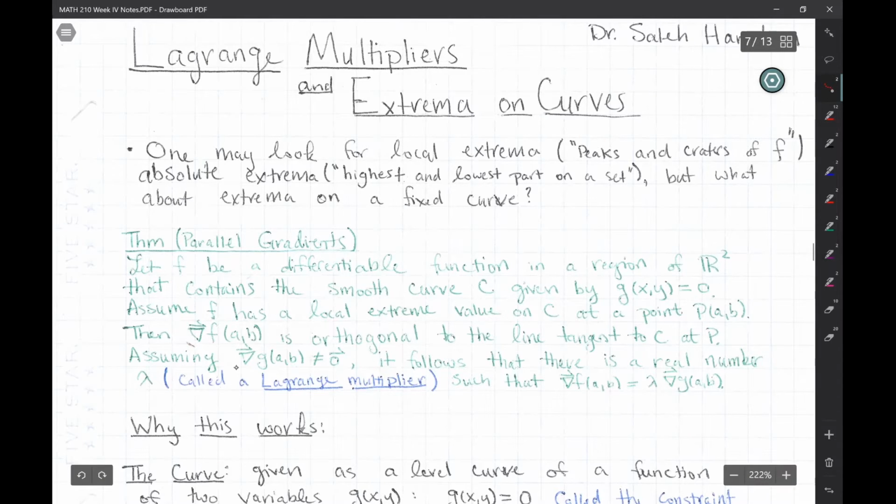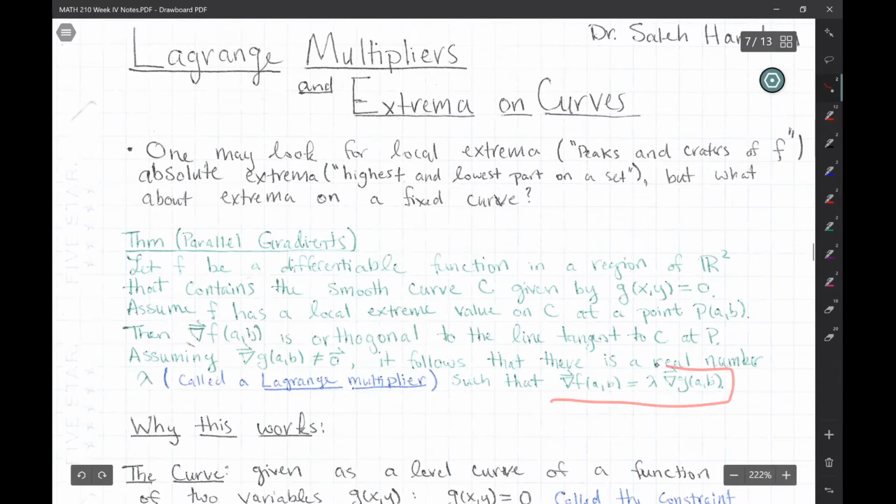And furthermore, assuming that the gradient of g, this function we have there that gives us the curve, is not 0, then it follows that the gradient of f and the gradient of g are parallel. And what does it mean for two vectors to be parallel? It means that you have some scalar constant you could multiply one by to get the other.